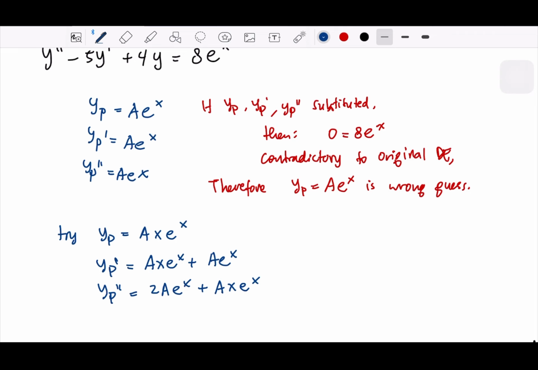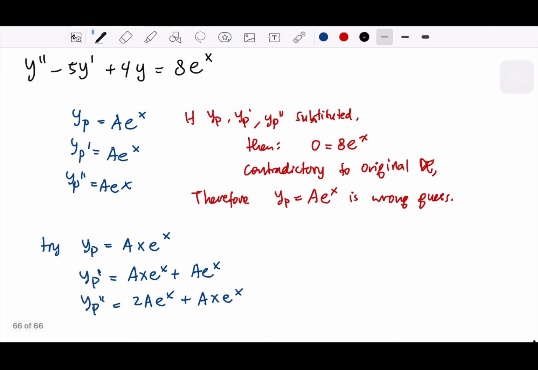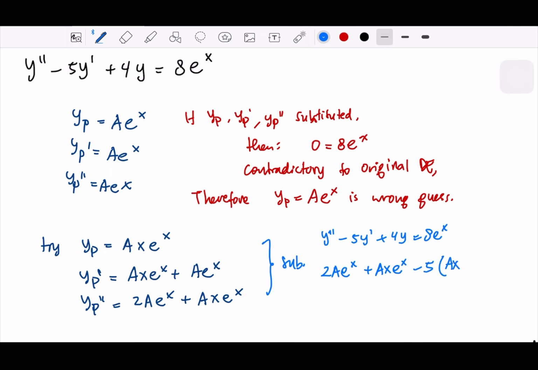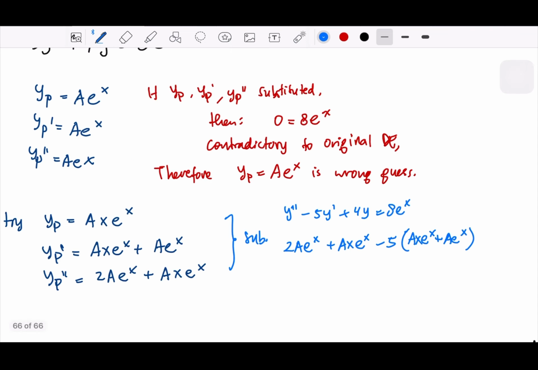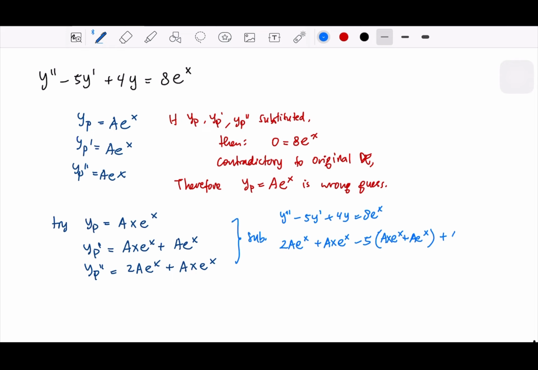Okay, if we try to put into the equation and then substitute, so 2a e with power of x plus a x e^x minus 5 and plus 4.